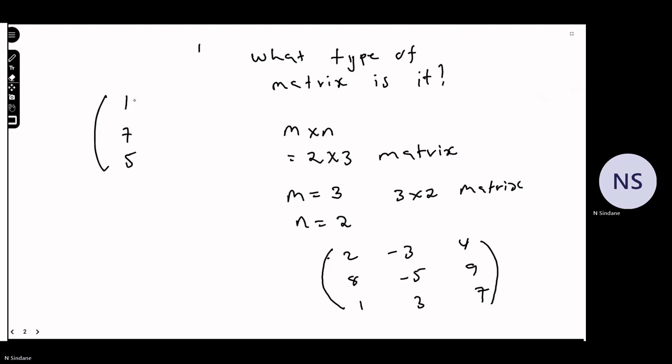What type of matrix is this? The value of m is 3, right? Whereas the value of n is 1. So if I say m multiplied by n, this is a 3 by 1 matrix.